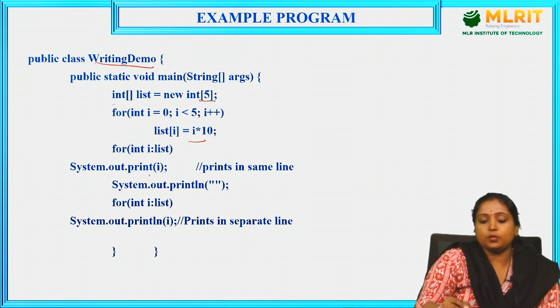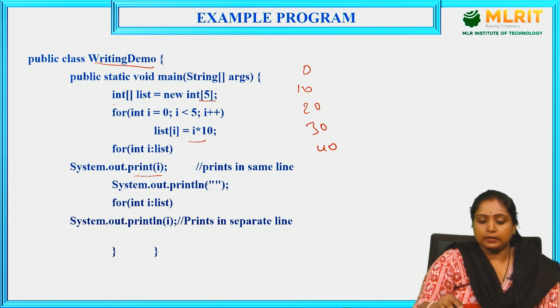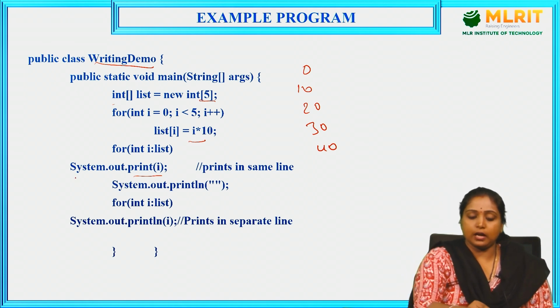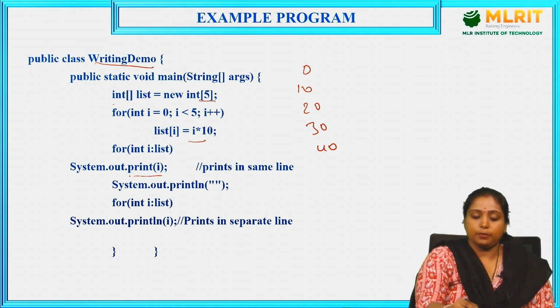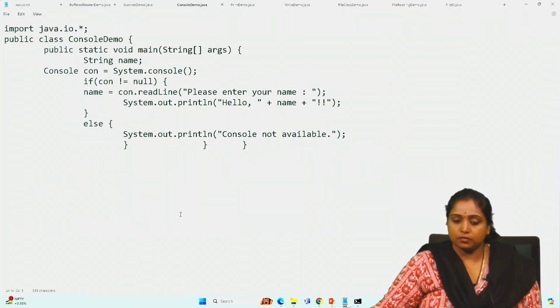I just want to print the value of i times 10, so for i equals 0, the output will be 0, 10, 20, 30, 40. The difference I want to show is between the print method and the println method. So let us execute it.